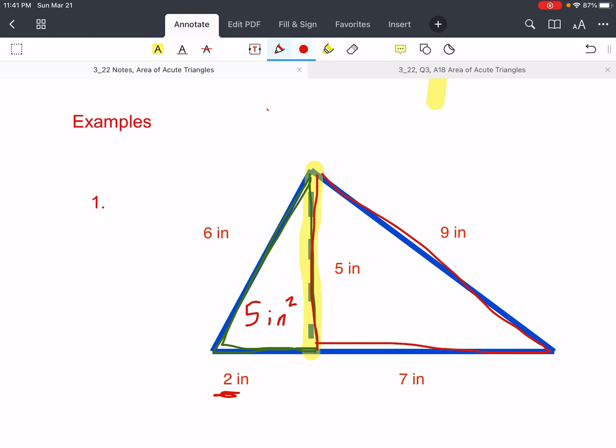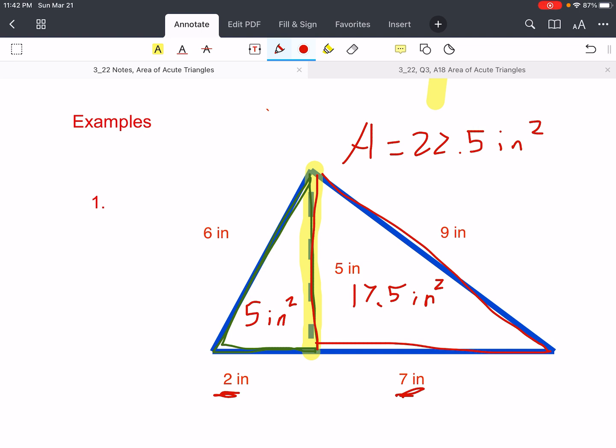And for the triangle on the right, the base is 7 and the height again is 5. 7 times 5 is 35, divided by 2 is 17.5 inches squared. So in order to find the area, we add those up. 5 plus 17.5, we can say that the area equals 22.5 inches squared. So fairly simple.